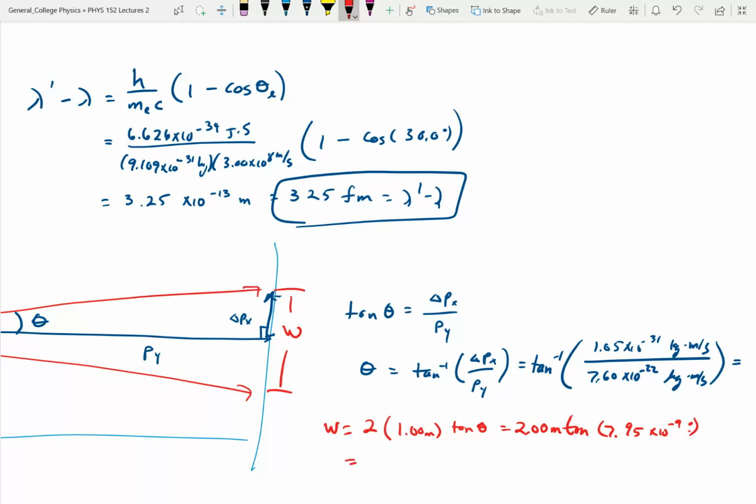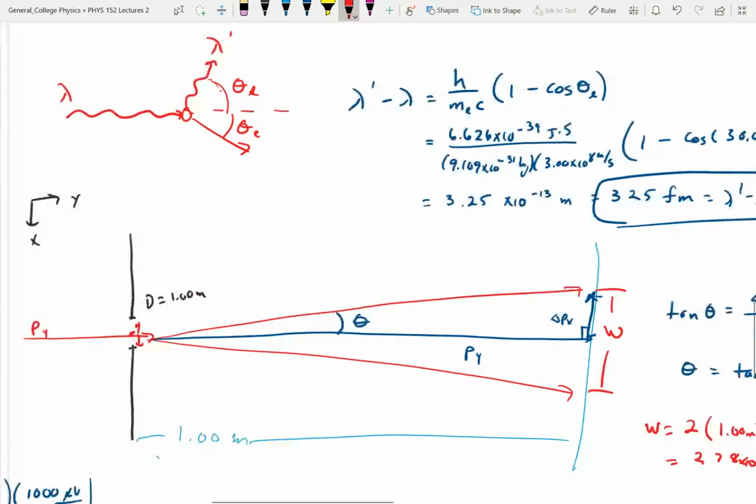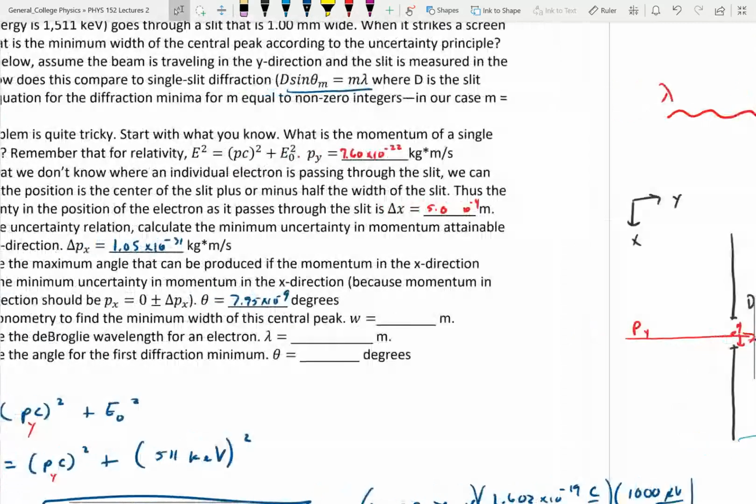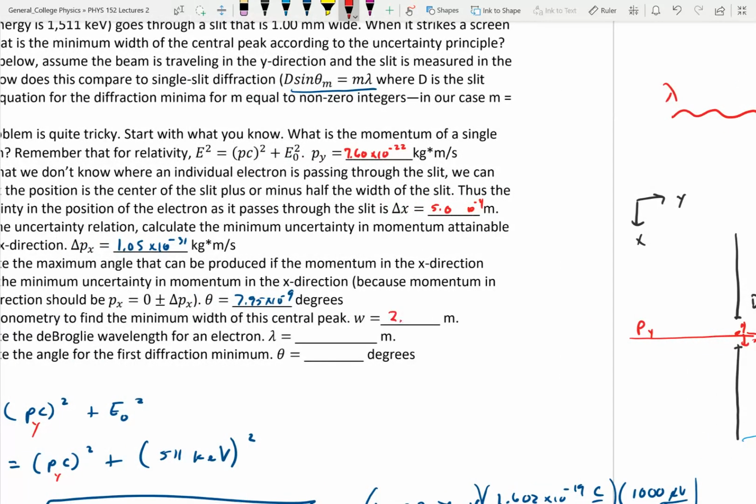That gives me a width of 2.78 times 10 to the minus 10 meters. So the minimum width is 2.78 times 10 to the minus 10 meters.